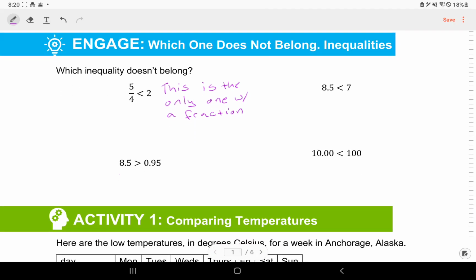Okay. This is the only one with a number less than 1.